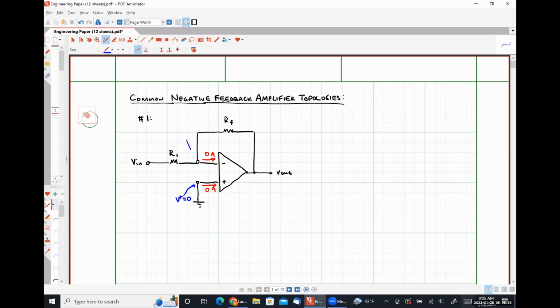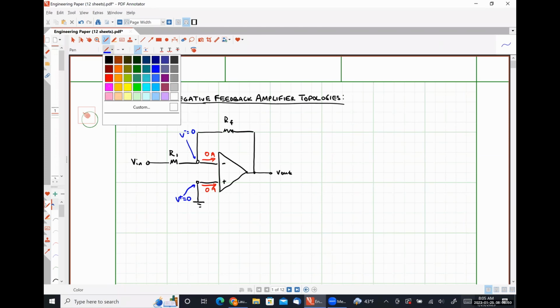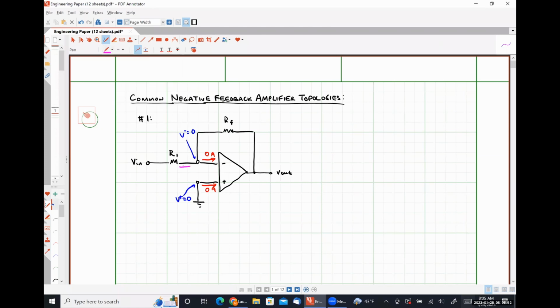Moving on to step 2, we know that the voltage present at our inverting input terminal must be the same as the voltage at our non-inverting input terminal. And now we are going to write a Kirchhoff's current law equation where we add this current and this current together.